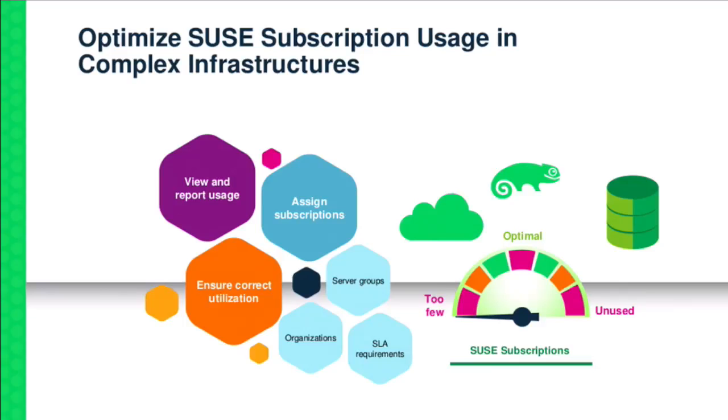You can see if you need more subscriptions than you currently have, or if you have more idle subscriptions, idle entitlements, so that you can arrange them, and you can actually assign entitlements to your products, and that includes your hypervisors as well.